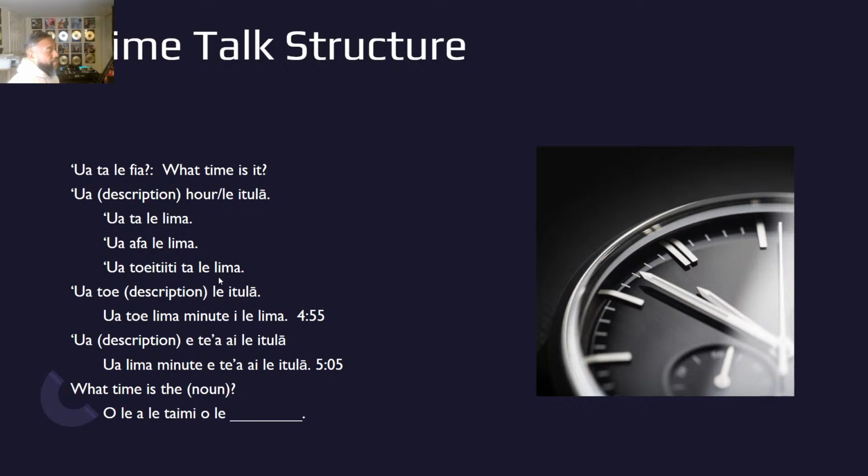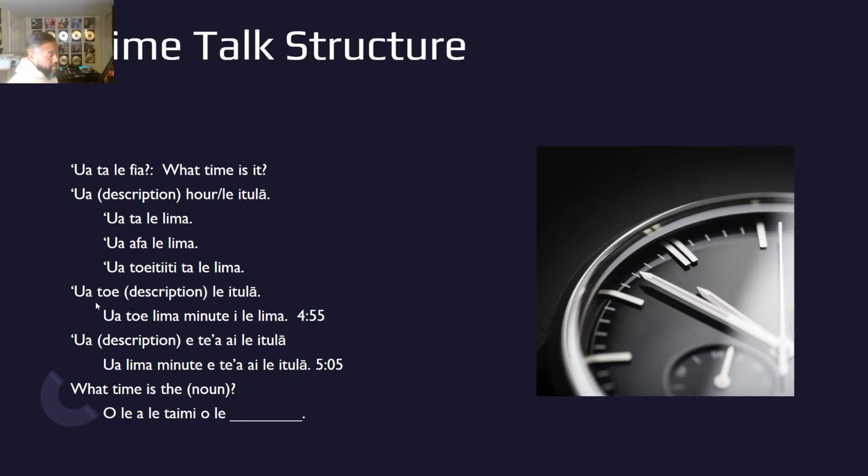Okay. And then, so these are more formal. I won't spend too much time on these ones right here. So, ua toi. So, what this is saying is like, it has now become before. Remember, toi is before, or in other contexts, it means again. I'm not sure if we're going to get to that next week or not.